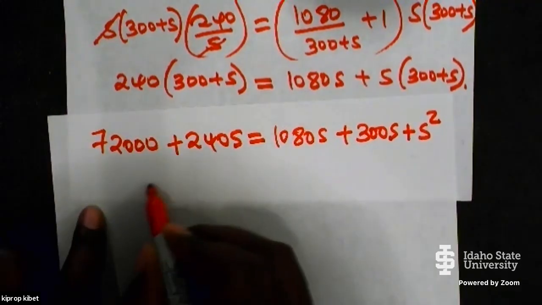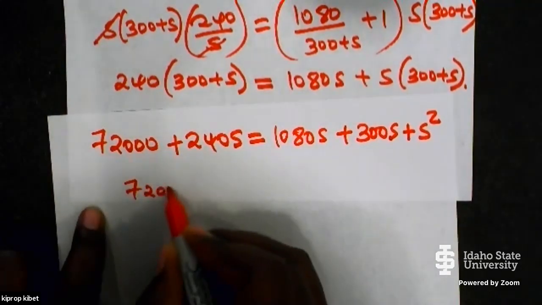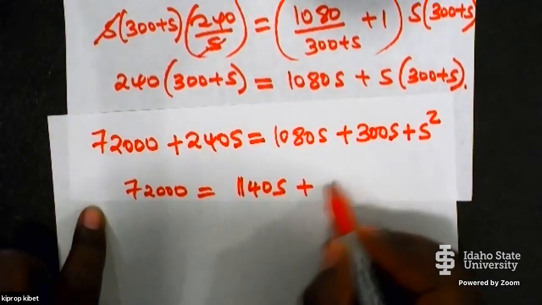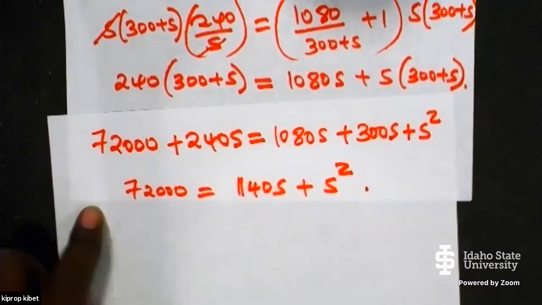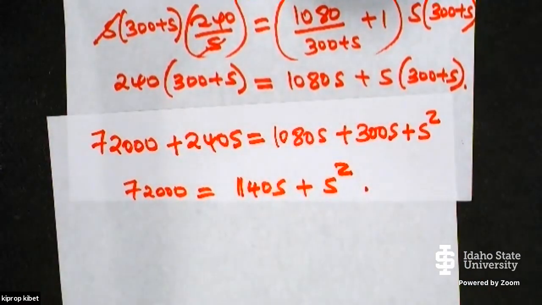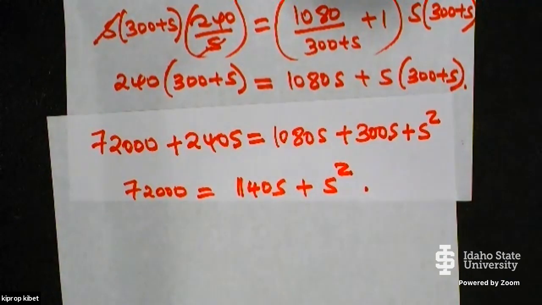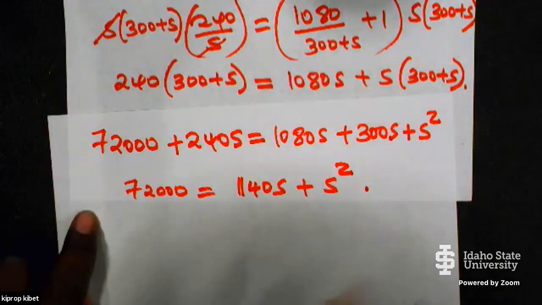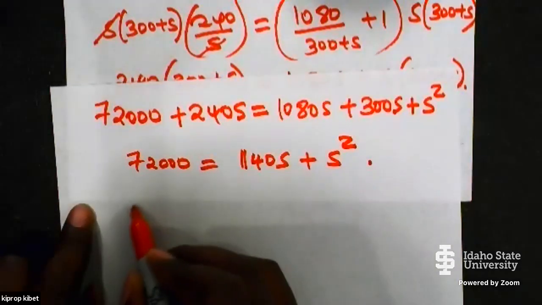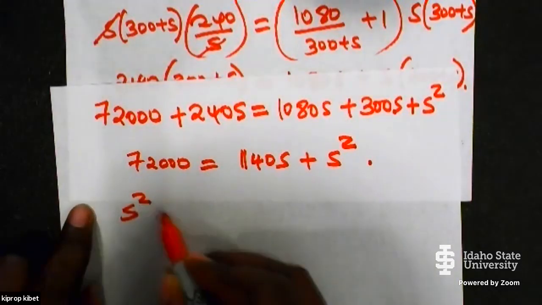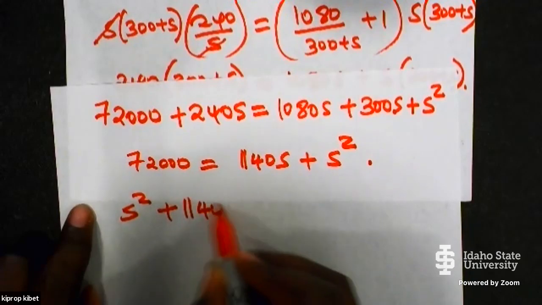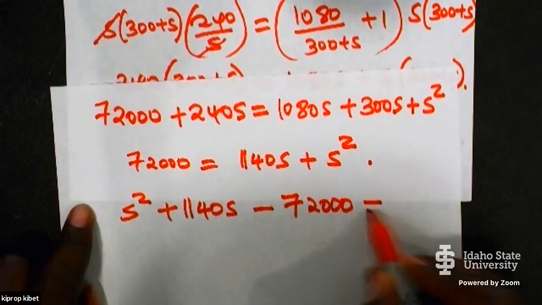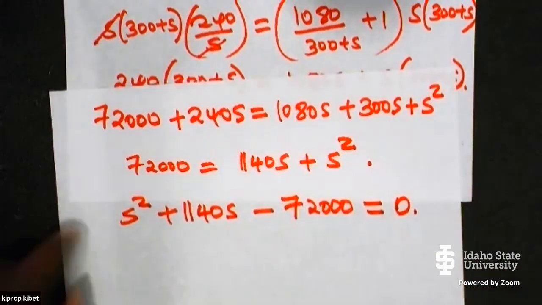So you get 72,000 equals 1140S plus S squared. So we can take the 72,000 to the other side, then you get S squared plus 1140S minus 72,000 equals 0.